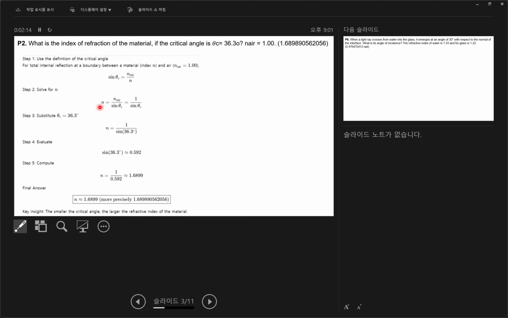Then n is given by this formula, and you can see that n is given by this number. It is a very simple formula application once you know the critical angle formula. But the important thing is that sine theta is always less than 1, so you should have n1 over n2, where n2, the refractive index in the denominator, should be larger than the one in the numerator. Okay.